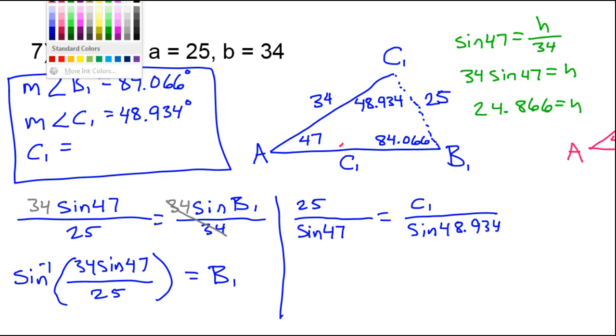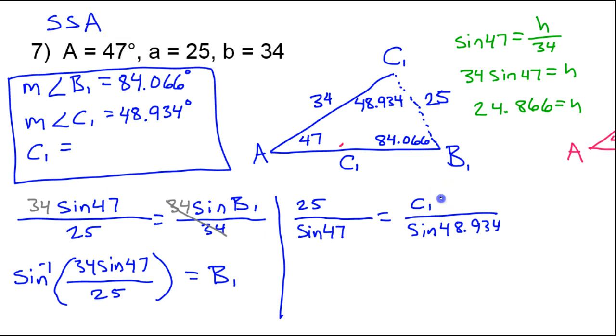Now to get side C1 by itself, I just need to multiply by sine 48.934 on both sides, that way these will cancel each other out. That leaves side C by itself, so I can put all of this in my calculator now, and that will give me the length of C1. That turns out to be 25.773.